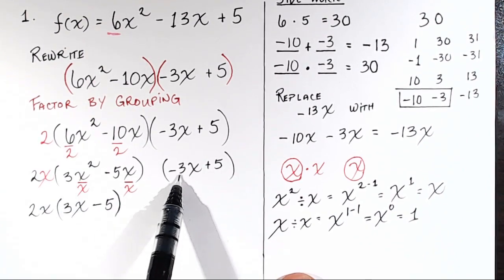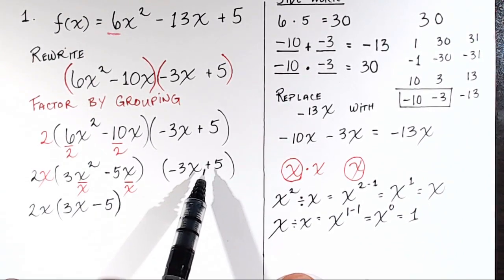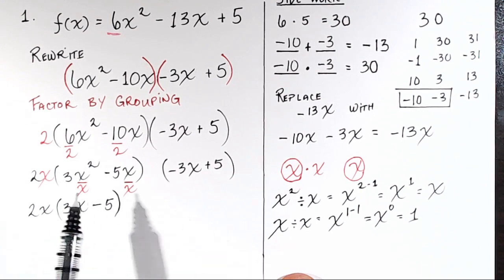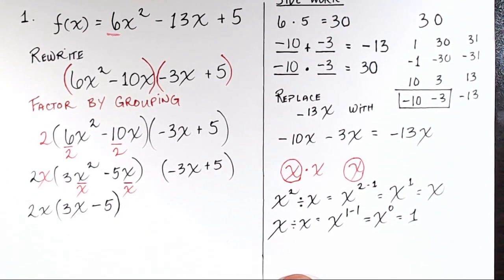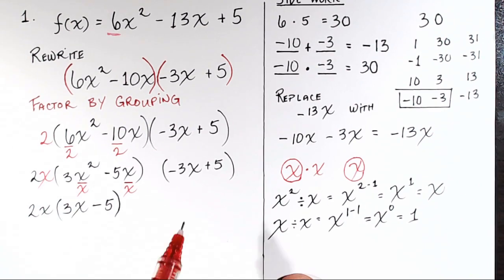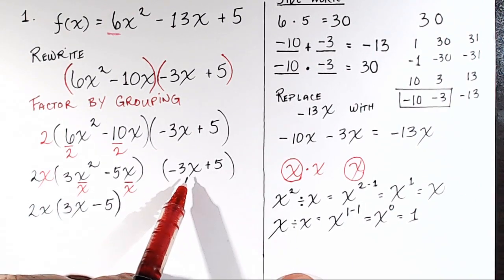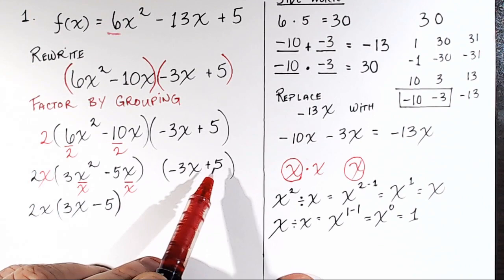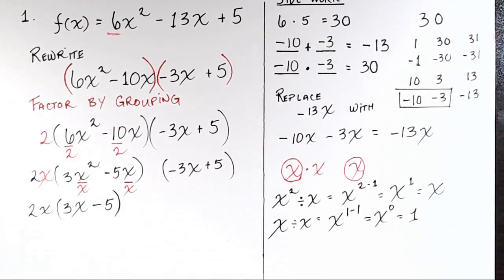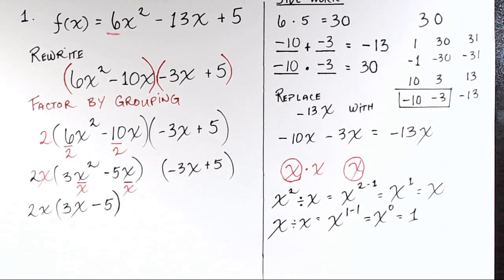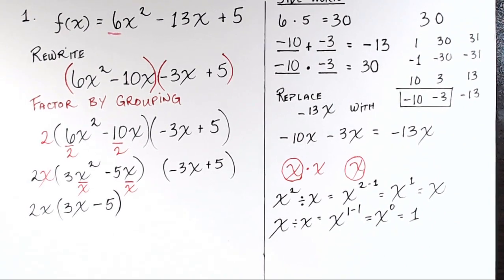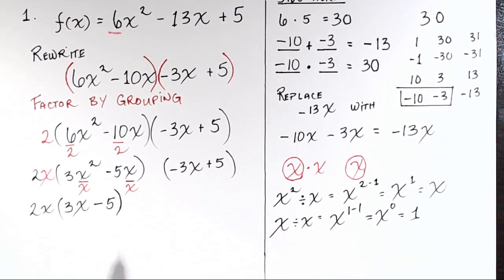And now it's time to deal with this binomial. So I've dealt with this guy over here. He's done for now. Now I'm going to deal with this guy over here. What can I pull out that is common to both of these? Well, you might say nothing, all right? But take a look at this.